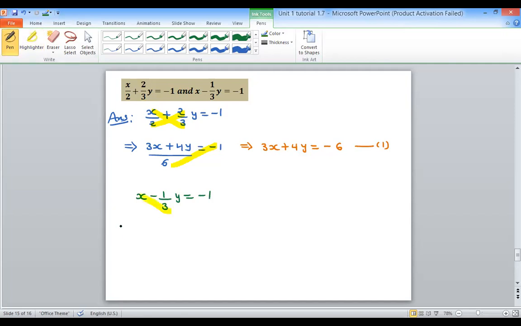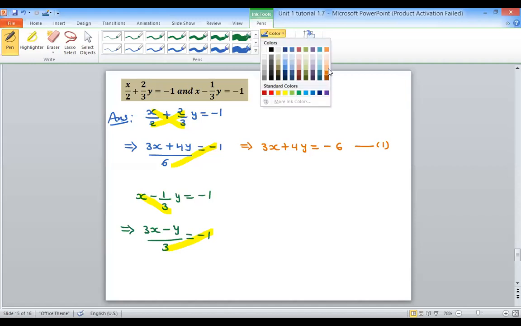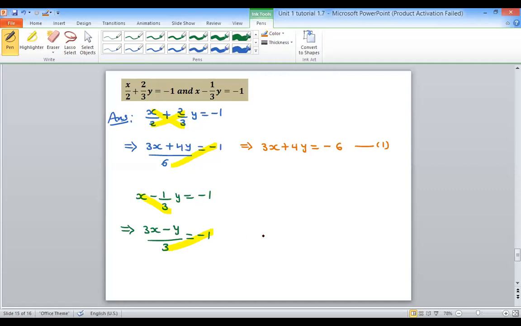So it will be 3x minus y upon 3 is equal to -1. This 3 is again multiplied by here. So it gives me 3x minus y is equal to -3. Say equation number 2.